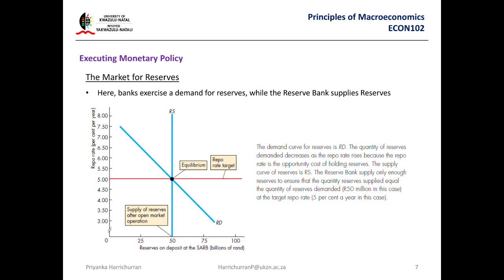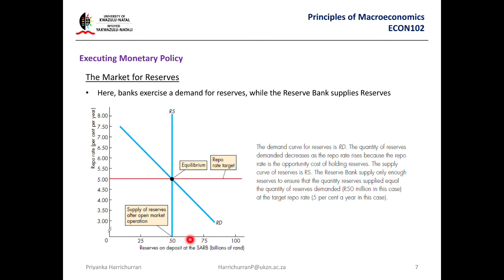Now, the market for reserves. The central bank has a reserve, and another name for the reserve of the central bank is the money. So this graph basically says the commercial banks demand this reserve from the central bank, and the central bank supplies it.